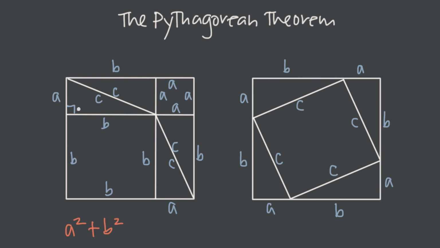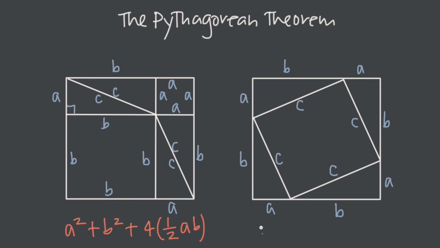So that would be 1/2 times B times A, or 1/2 times A times B. And I have 4 triangles, and the area of each one is 1/2 AB.